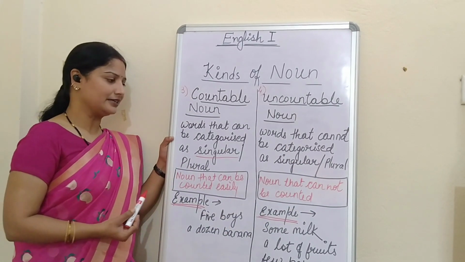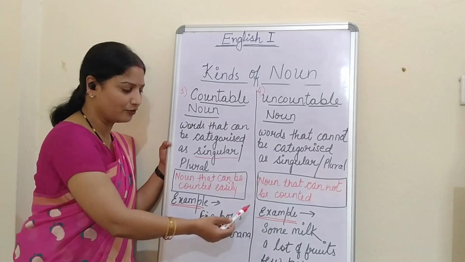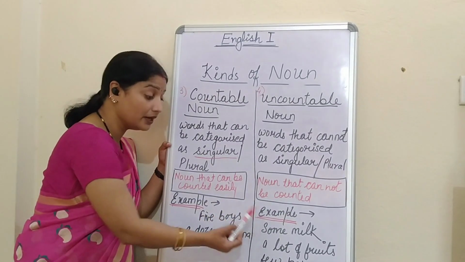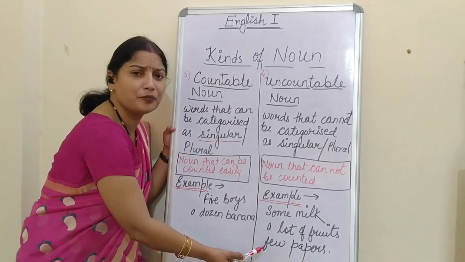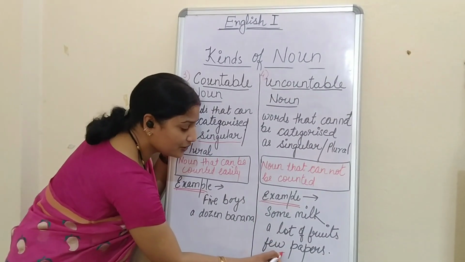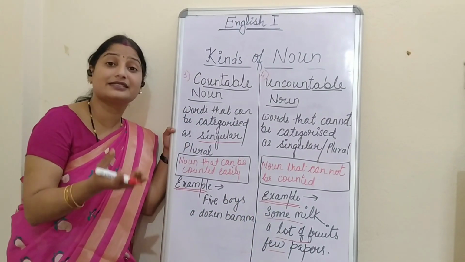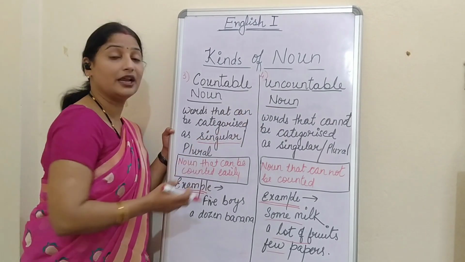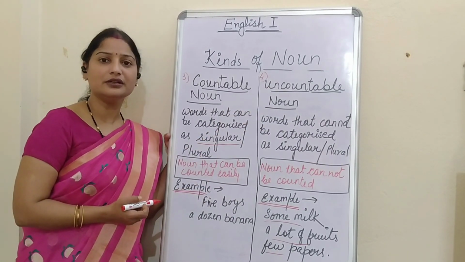Or we can say that these are nouns that cannot be counted. For example, some milk, a lot of fruits and few papers. All these words cannot give the exact amount of the noun and hence all these are uncountable nouns.